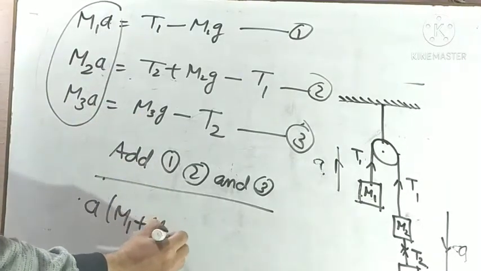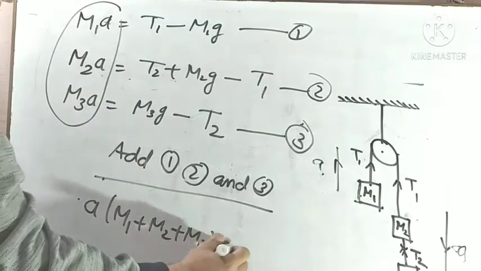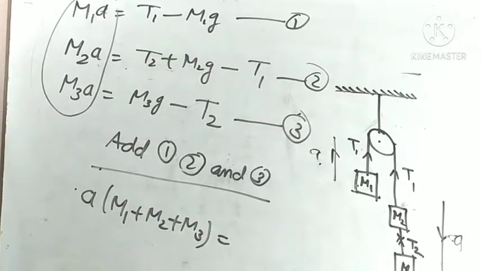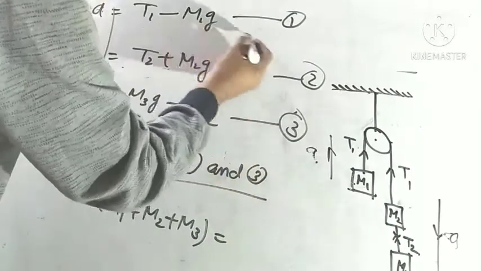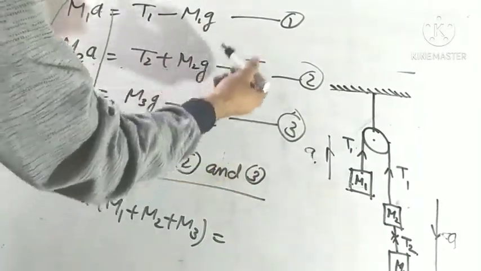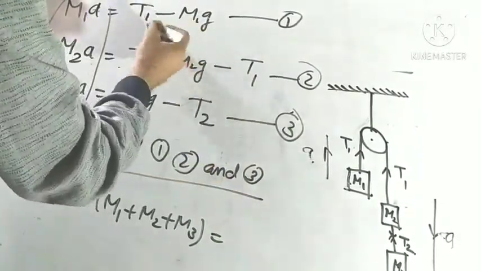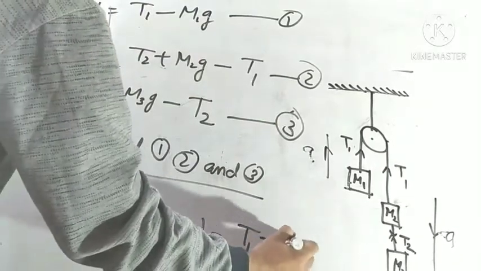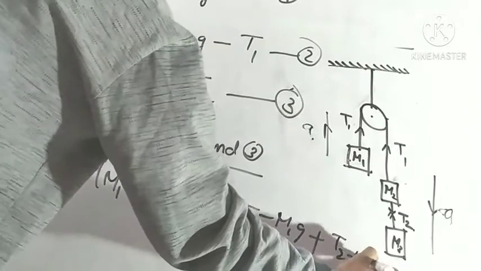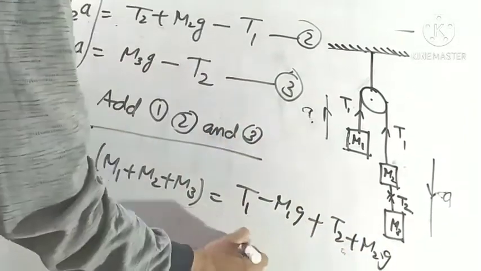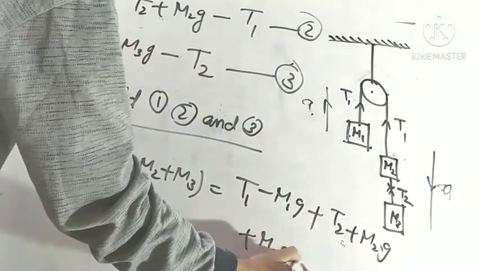M1 plus M2 plus M3. Now we write all the right hand terms: T1 minus M1G plus T2 plus M2G plus M3G minus T2.